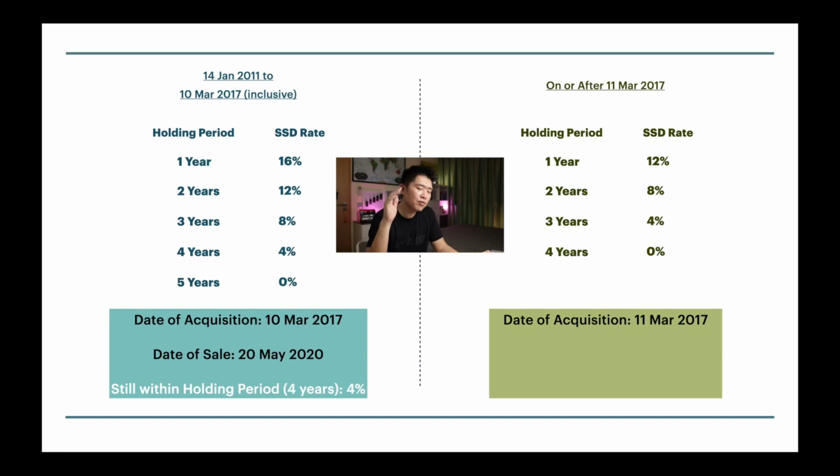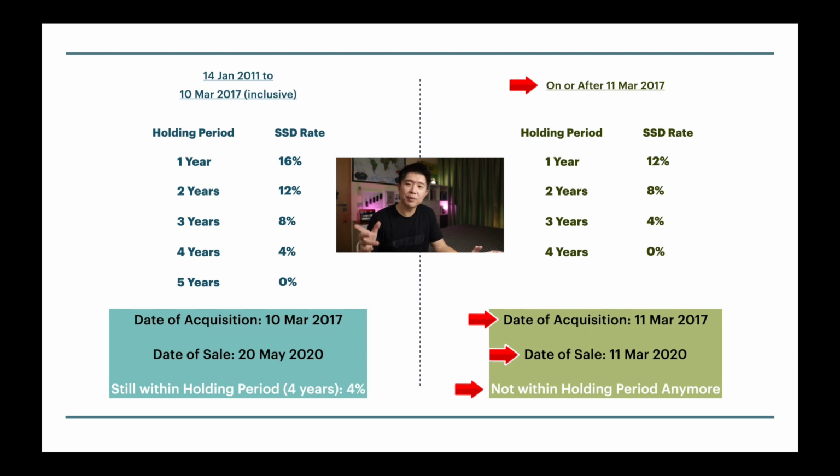If you have bought your property on or after 11th of March, again I use the date of acquisition as 11th of March, right on the day that you bought the property. And the date of sale will be on the 11th of March 2020. What happens? Does anybody know? It's not within the holding period anymore.